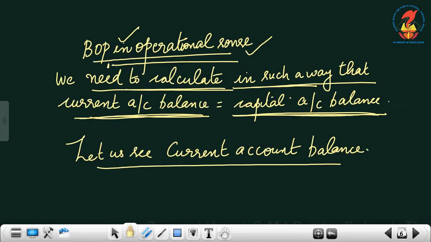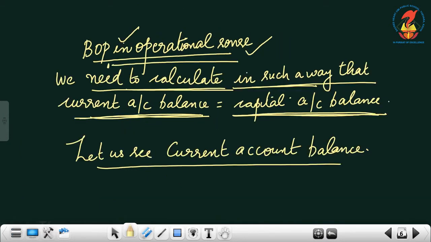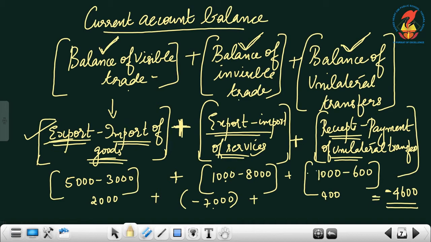What is the receipt of unilateral transfer? Unilateral transfers received is 1,000. What is unilateral transfer which is paid? That is 600. Therefore, the difference between receipt and payment of unilateral transfer is 1,000 minus 600, which gives you 400.